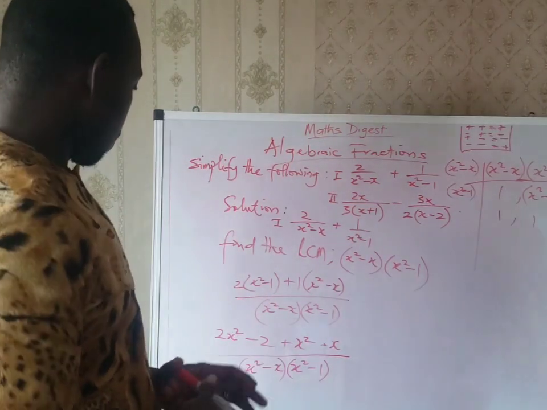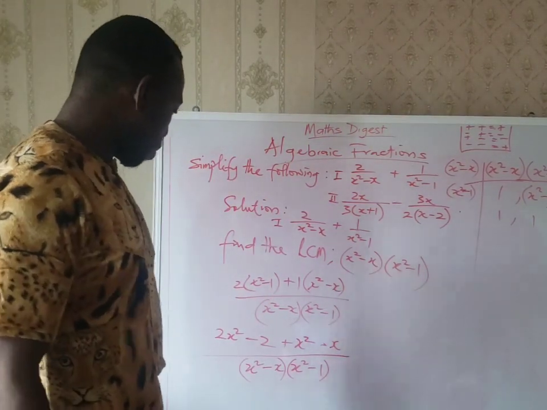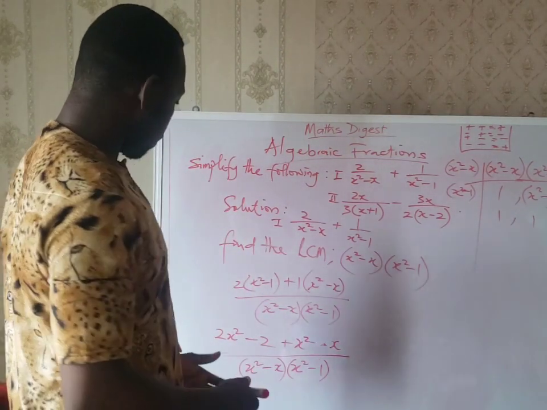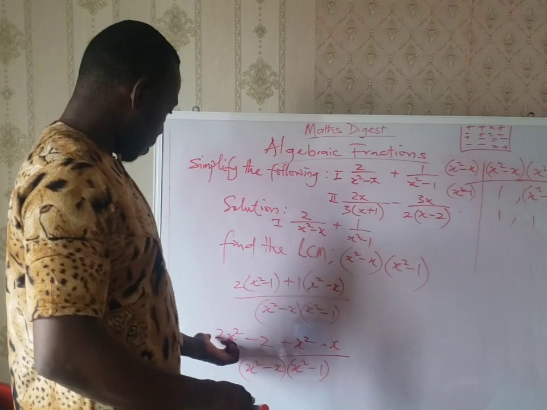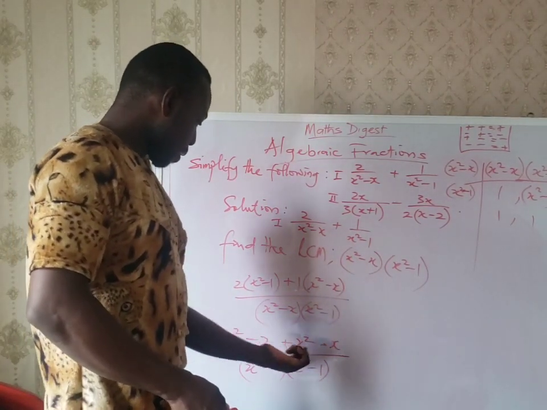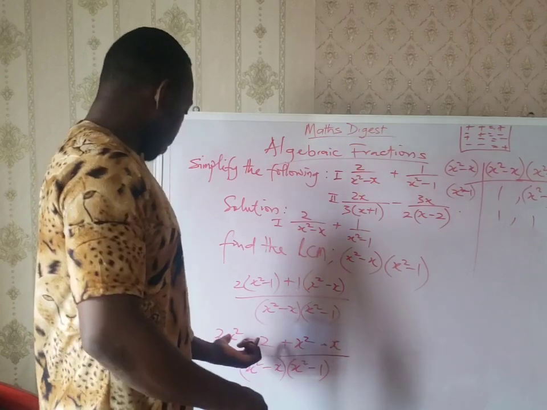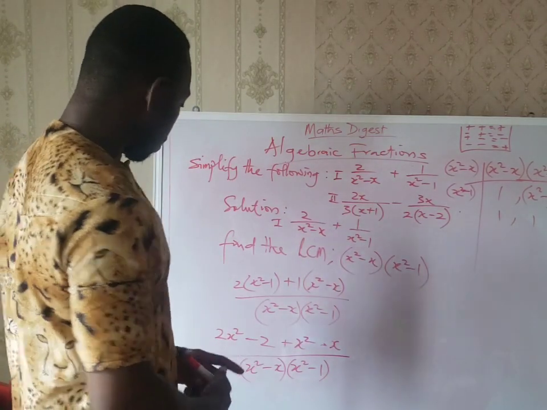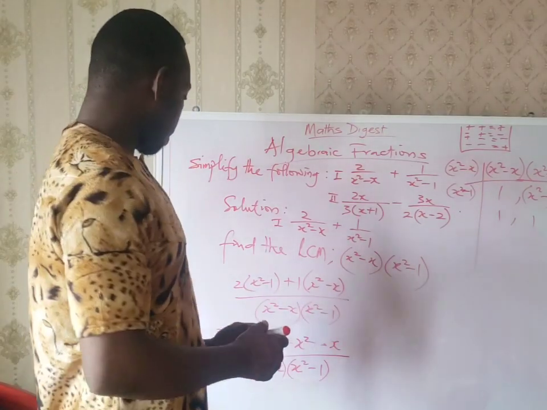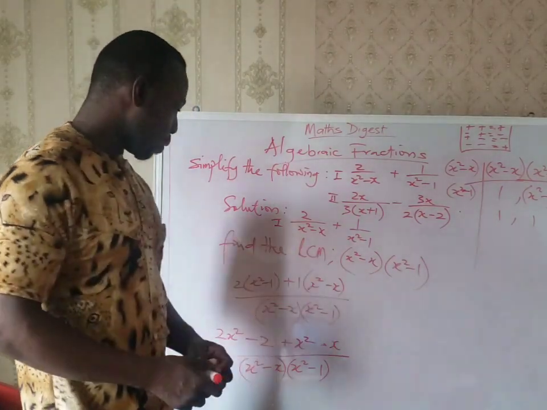All right. At this point now, we are going to reform this. If you look at this, we have 2x squared here, x squared here, x here, we have minus 2. So what you do is you first start with the variables that have the highest power.